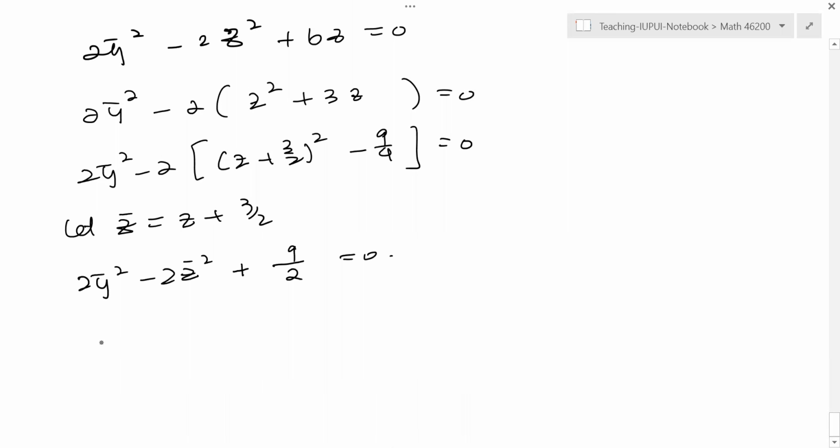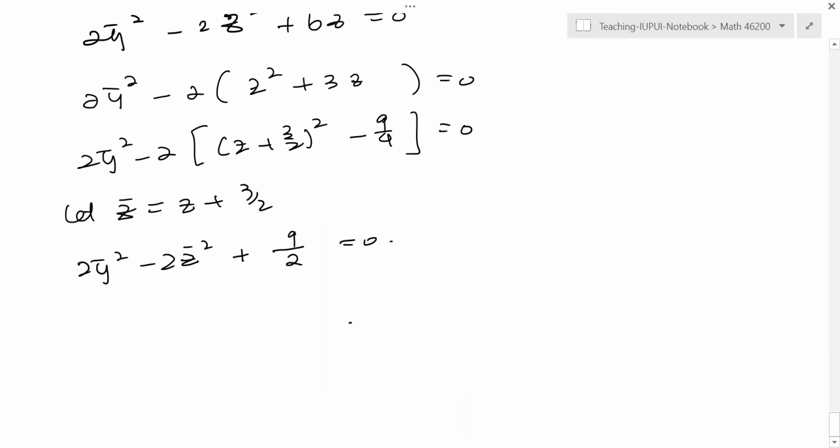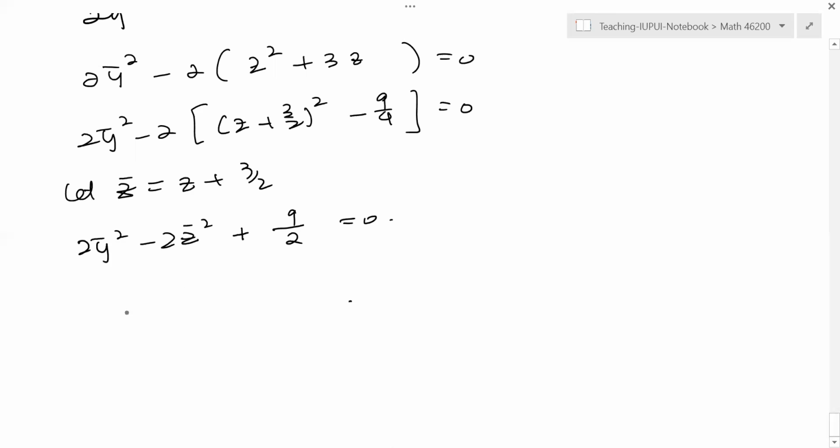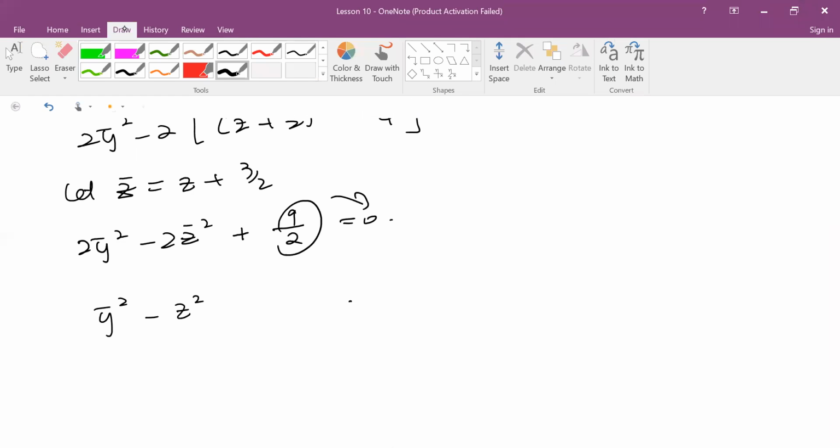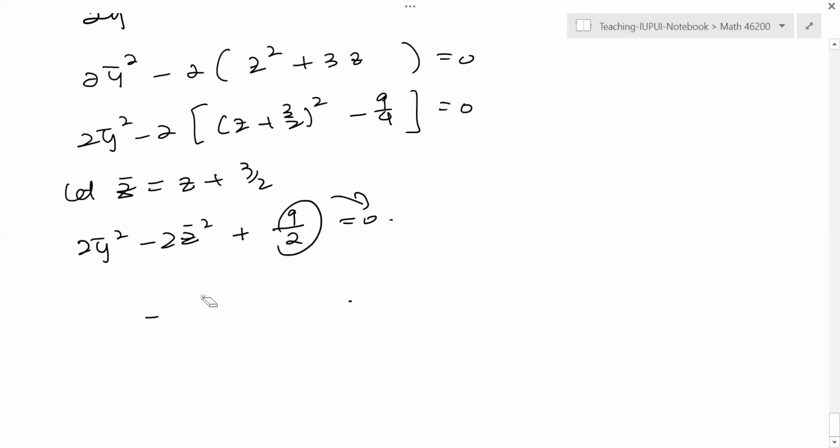Then you divide both sides, well, it depends how you do that, right? So if you move this term to the right hand side and divide by the negative of this number, then I got the following.